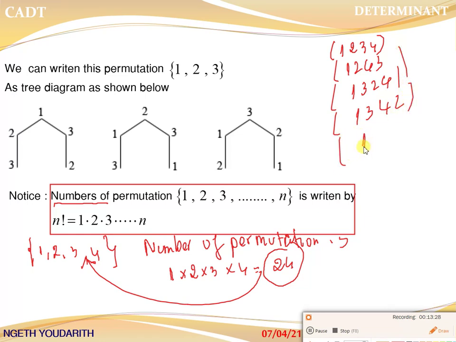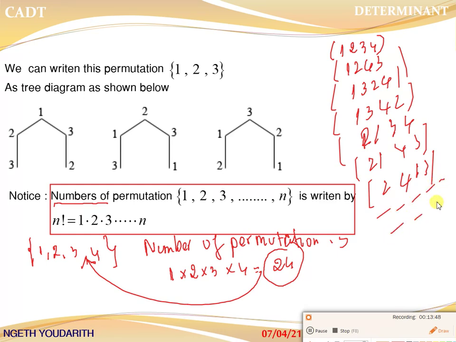Or for example 2, 1, 3, 4, 2, 1, 4, 3, or 2, 4, 1, 3, and so on, until 24. These are the kinds of permutations from numbers 1, 2, 3, and 4.